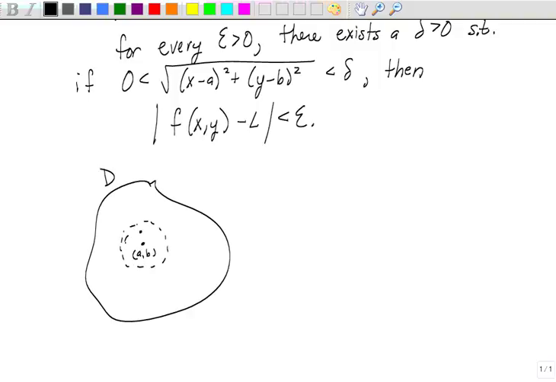Let's say here's a point (x, y), and it's going to go to f(x, y), but that's going to be close to L, inside L plus epsilon and L minus epsilon, where the radius of the circle is delta. So if we take any point in there and get closer and closer to (a, b), then f(x, y) is going to get closer and closer to L.